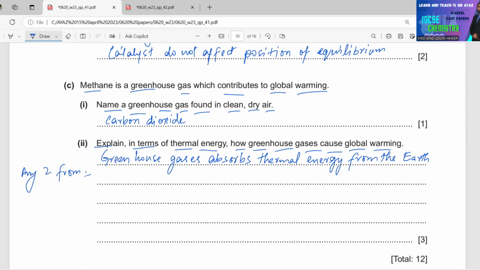So now what they are doing, the earth's surface is absorbing energy from the sun. So we'll write energy from the sun absorbed by the earth's surface.